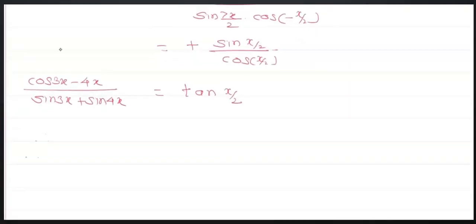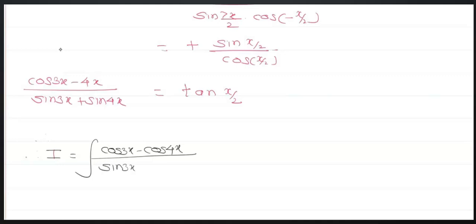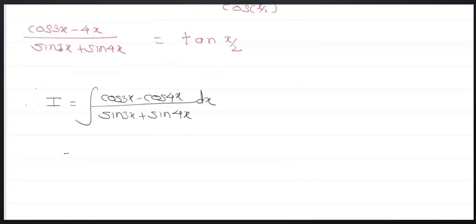Now integrate this. I is equal to the integral of (cos 3x minus cos 4x) upon (sin 3x plus sin 4x) dx.